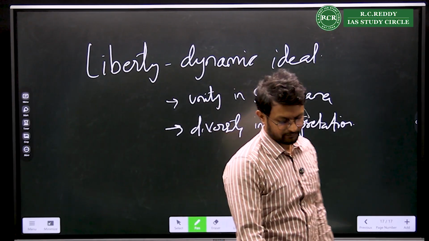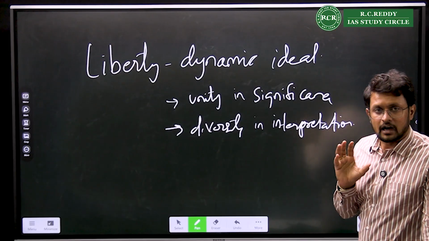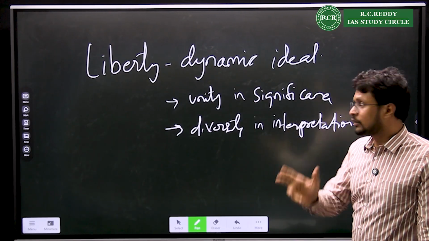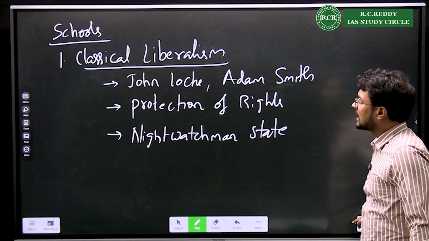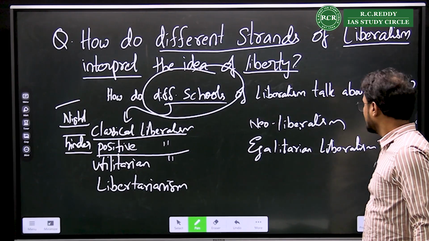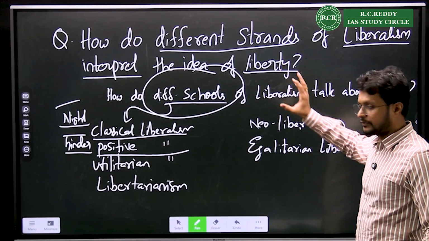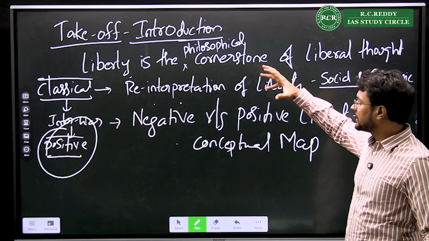Is it okay, friends? So in this way, you can see the answer taking a very good shape, starting from the point that we began the answer with a takeoff, where we initially identified the core of the question, the rough sketch of the question, and then we took off with the introduction.